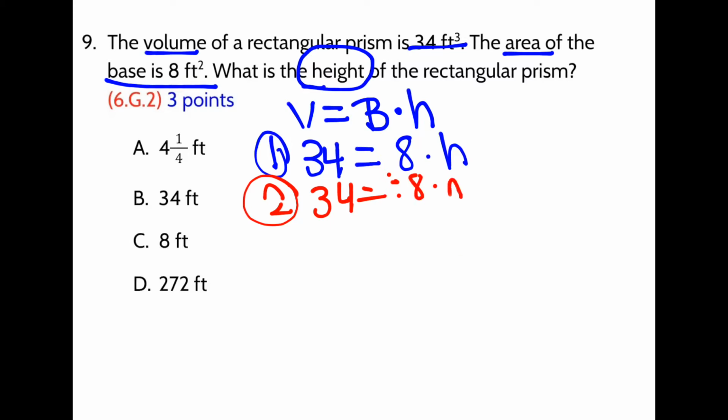So we're dividing by 8 over here. Now we need to solve for h. So step 3 is figuring out what h equals.